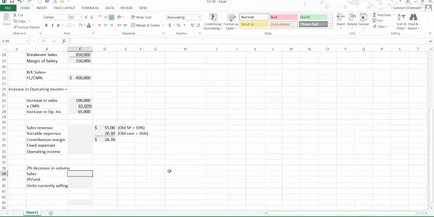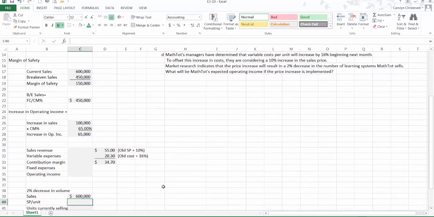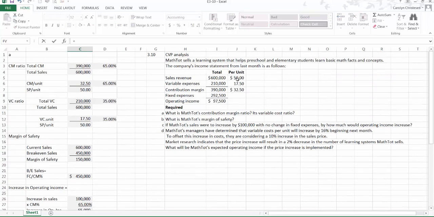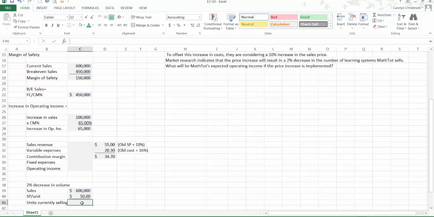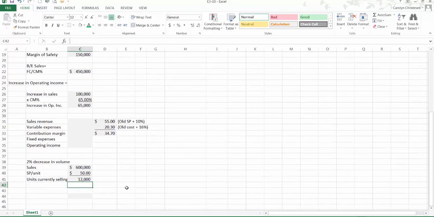So our current sales are 600,000. Our selling price per unit is $50, and we're going to divide 600,000 by $50, and we find out that we are currently selling 12,000 units.